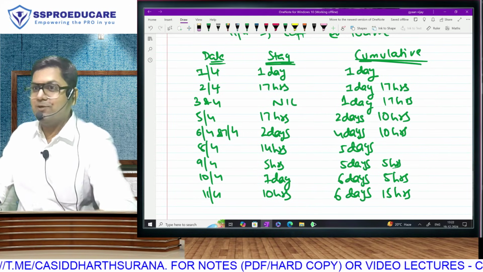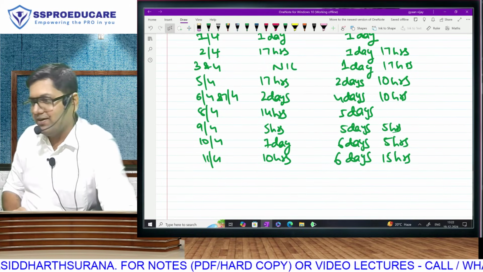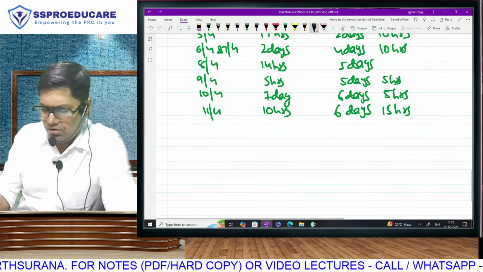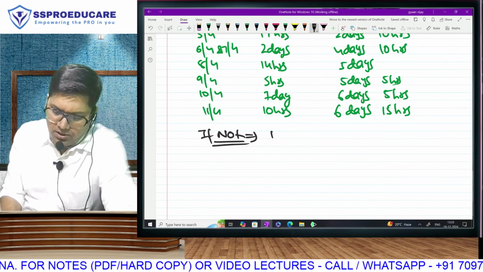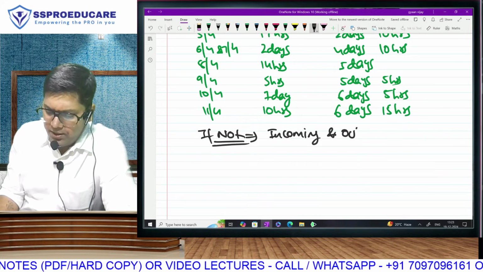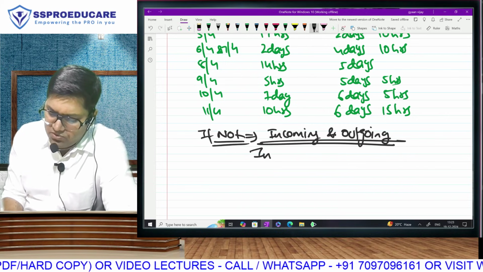Give. You know what is the reply of the taxpayer? Sir, it is not possible to maintain timing data. Is that a very genuine reply? Okay. If not possible, then the incoming and outgoing both days will be included.